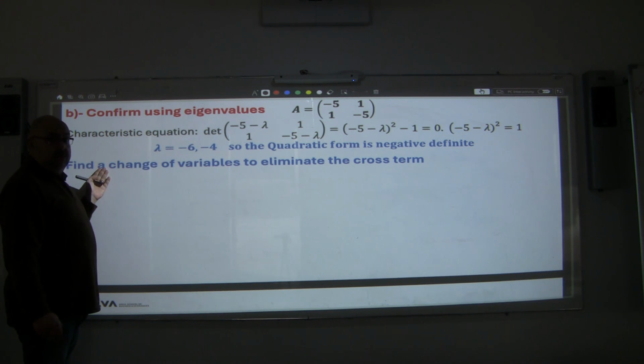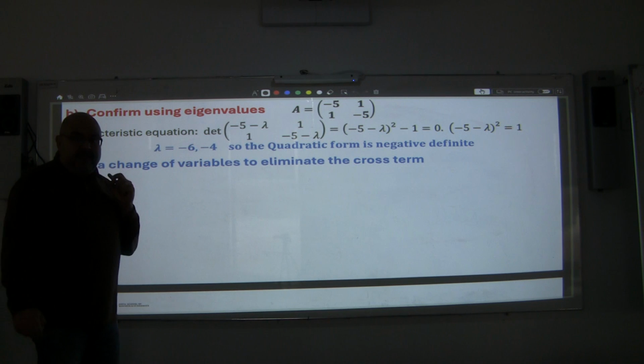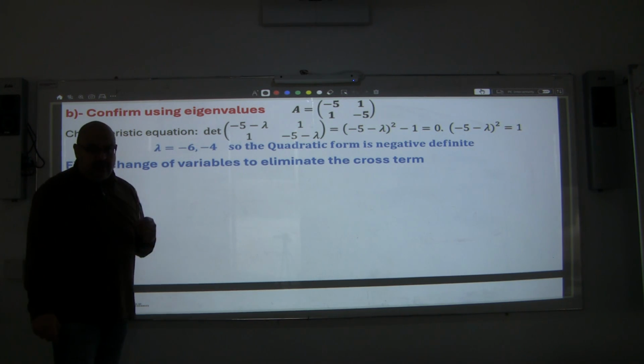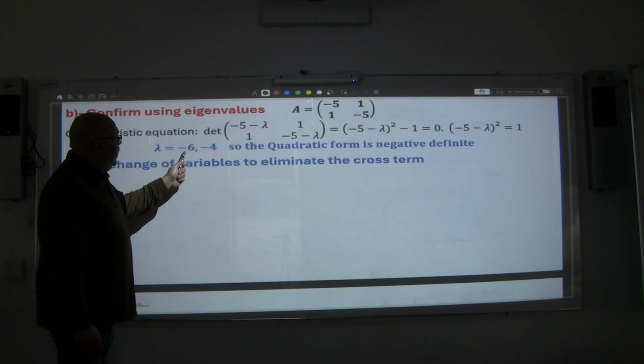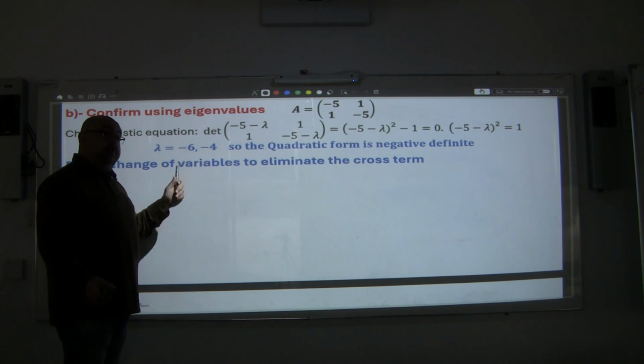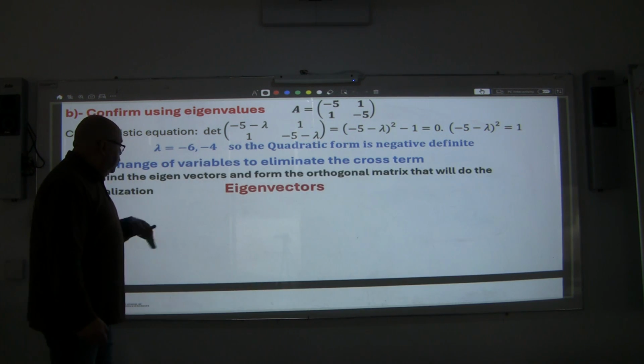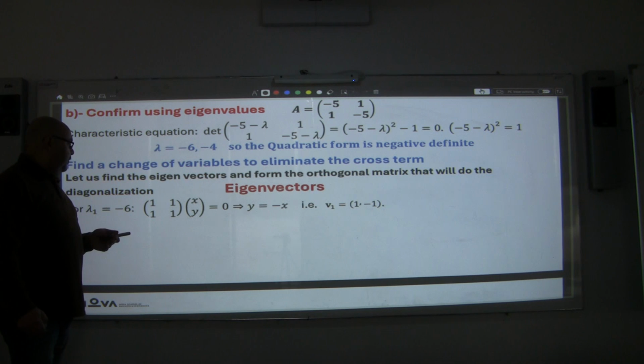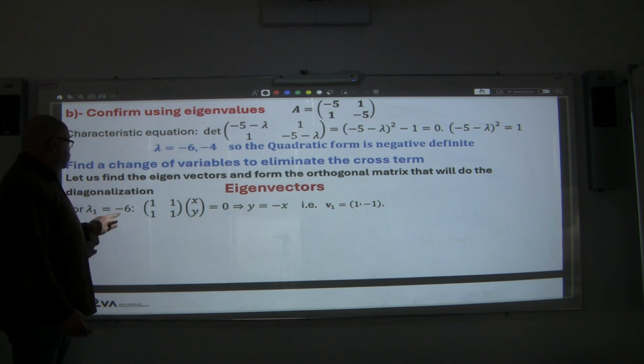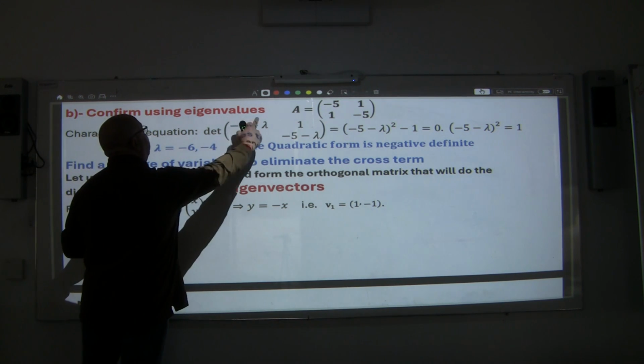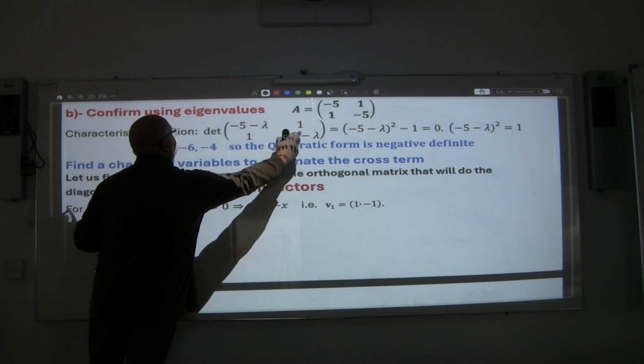It's very, very simple. All I have to do is to get the eigenspace or the eigenvectors relative to -6 and -4, then put them into the matrix for a quick resolution. When you use -6, the homogeneous system will be -5 plus 6, -5 plus 6.